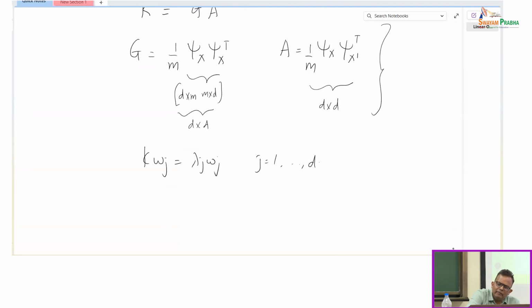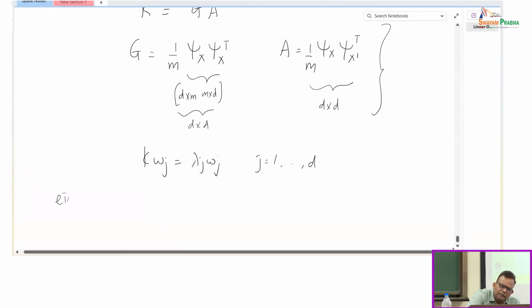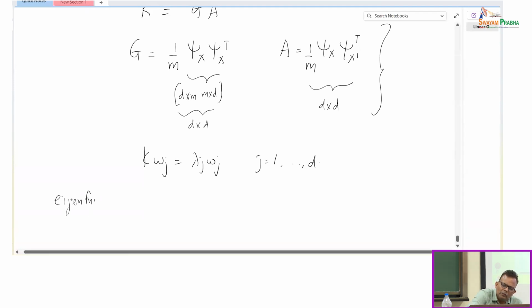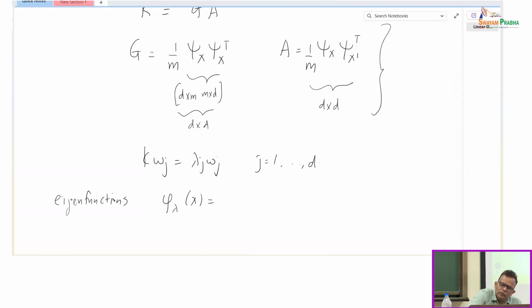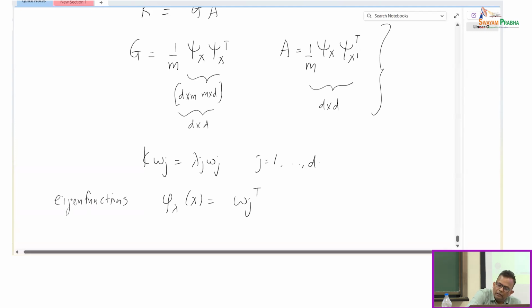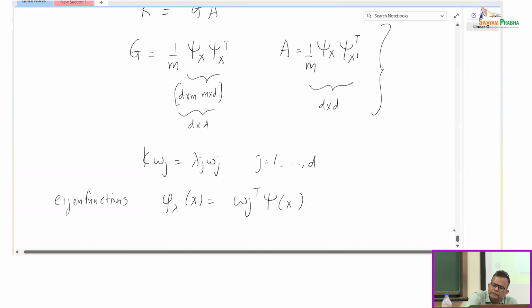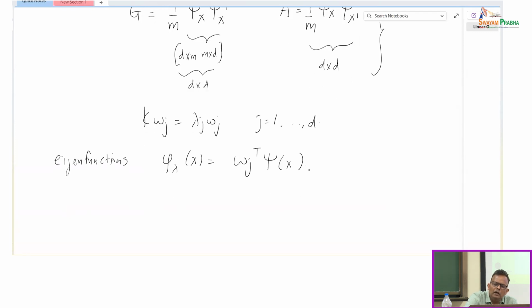Once you have these eigenvalues and eigenvectors of the K, the approximation eigenfunction phi lambda of x will be of the form Wj transpose psi of x, where psi is the lifting function.